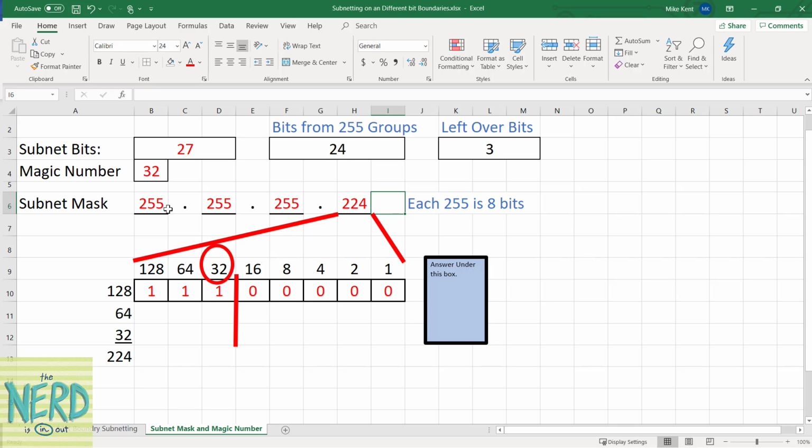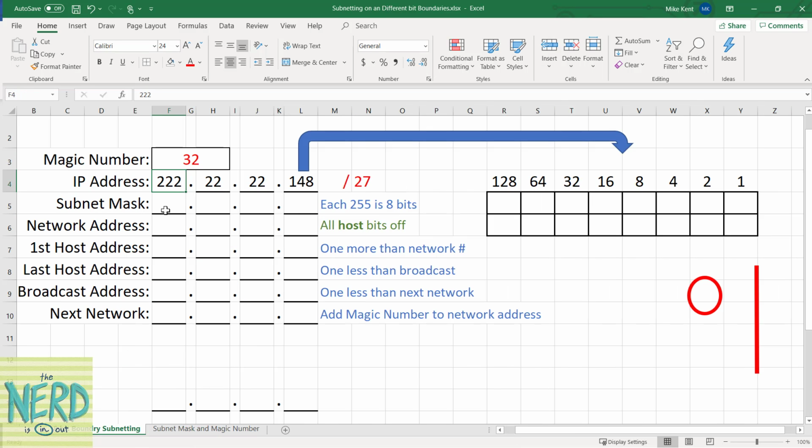So my subnet mask is 255, that's 8 bits, 255, that's 16, 255, that's 24, and then this 224 right here is the last 3 bits. So now I know that my subnet mask for my network is 255.255.255.224. So that's the first thing we needed to do, is be able to convert the /27 to the actual subnet mask.